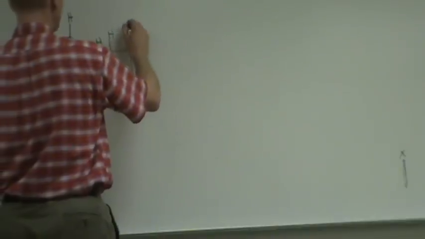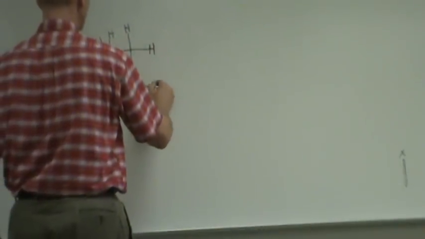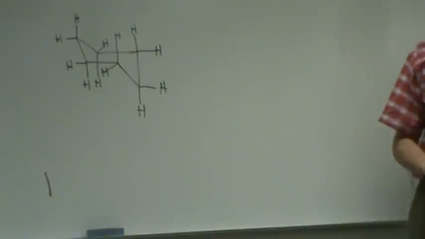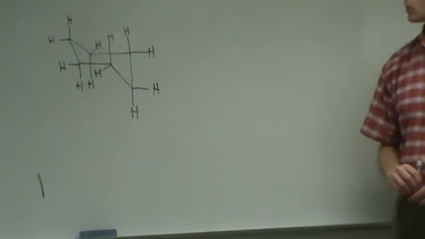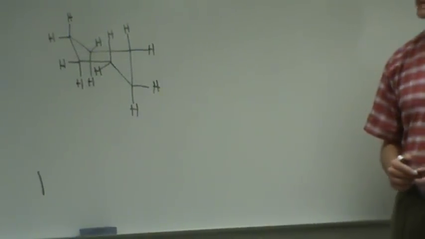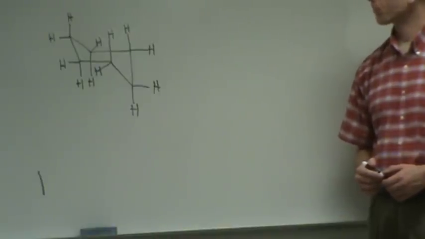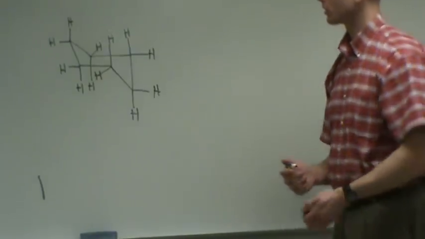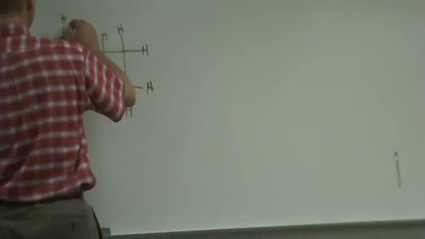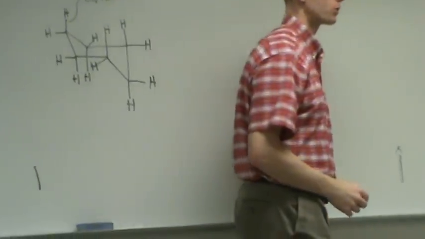So let's put them on. There's our 12 hydrogens on cyclohexane. The hydrogens that are on the bonds going straight up or straight down are called axial hydrogens.